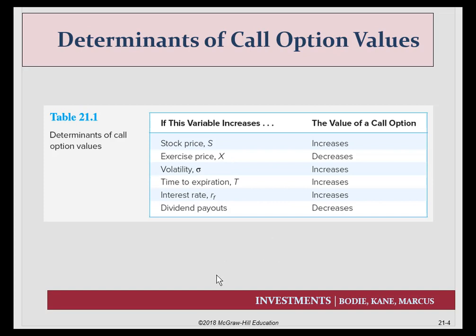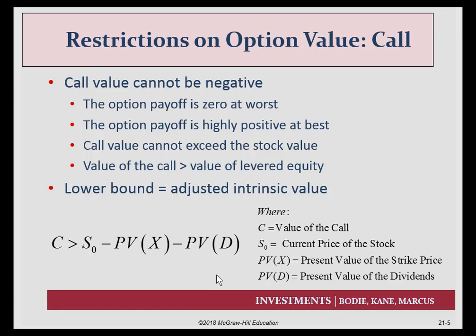As we move on, we just want to try to envision how value is ultimately created. Again, call value cannot be negative. It's zero at worst. So the option payout is highly positive at best. Call value can't exceed the stock value. So the value of the call is always going to be greater than the value of levered equity.